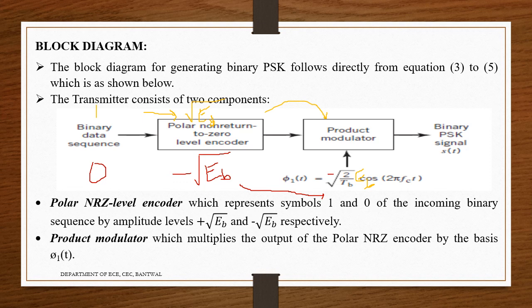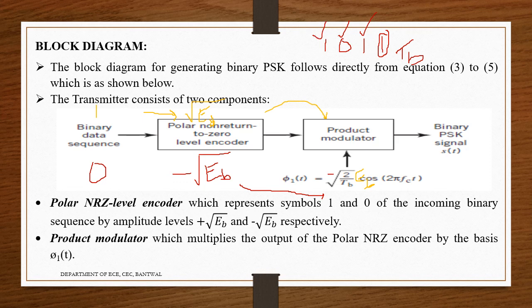Remember one thing, when you are doing this, it is bit by bit transmission; it cannot do everything in parallel. For example 1 0 1 1, this is 1 bit transmission of TB. Similarly, for another, it will do all this process and then go for the next one.